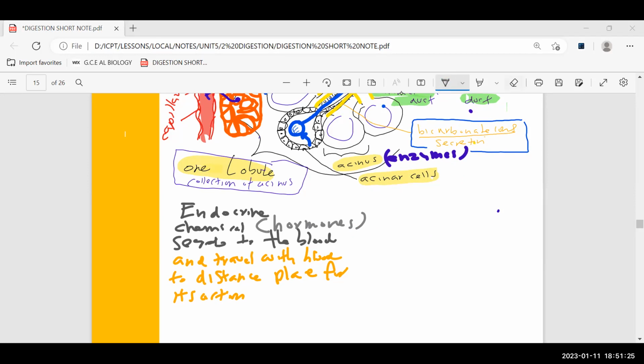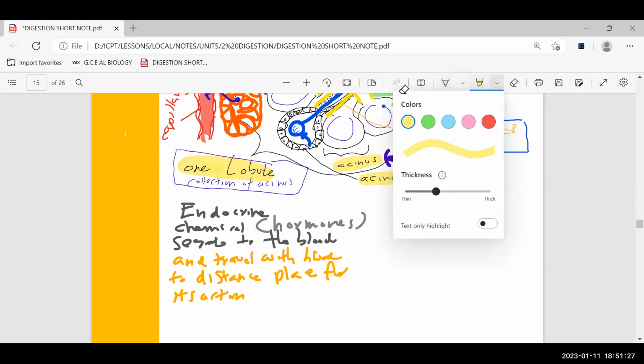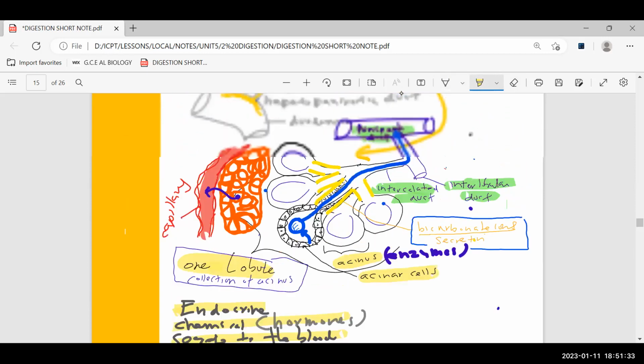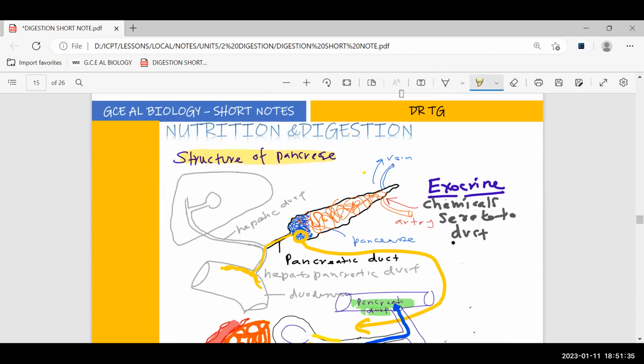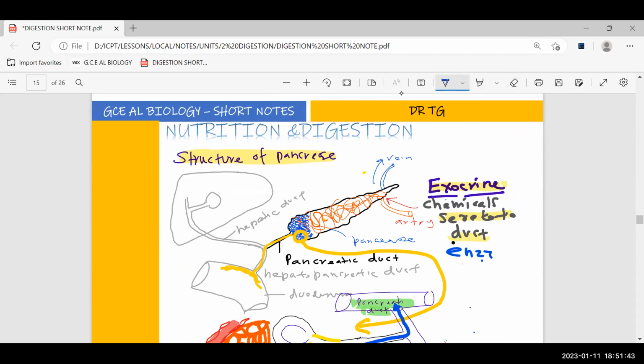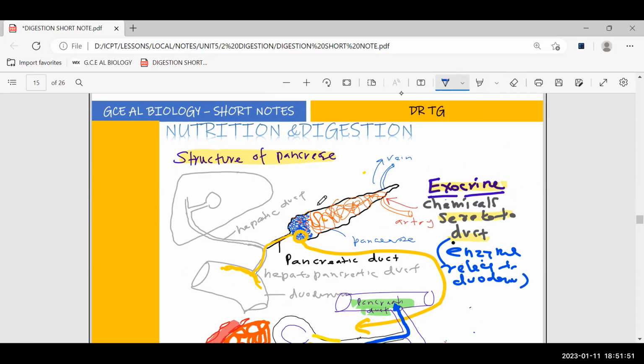So this is the endocrine part of the pancreas, and this is the exocrine part of the pancreas. So enzymes secreted to the duodenum are exocrine functions.